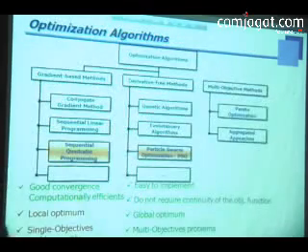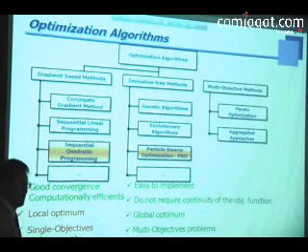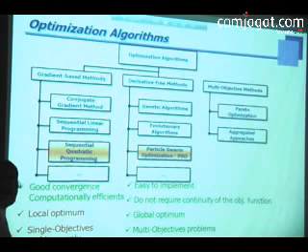Actually, now I move to multi-objective optimization technique using CFD code. This is the optimization algorithm, all the methods. This is the gradient-based method. This is derivative-free, multi-objective method.